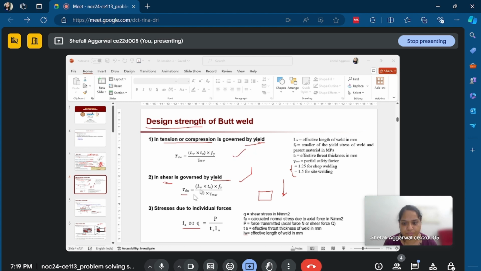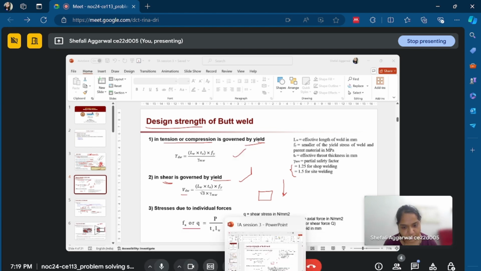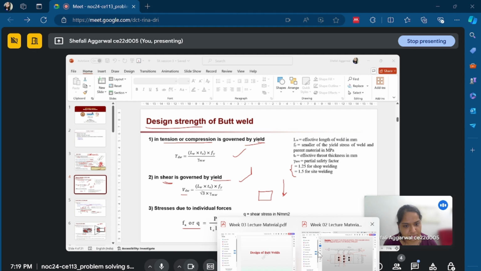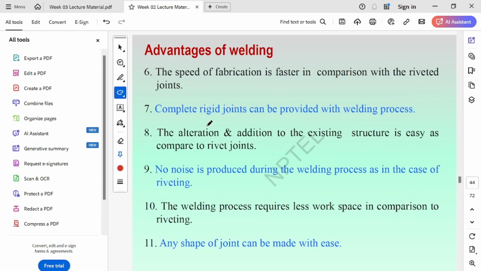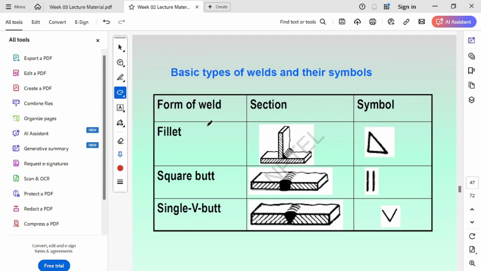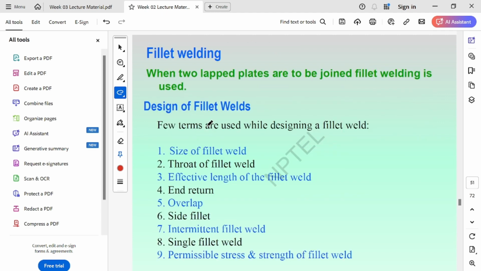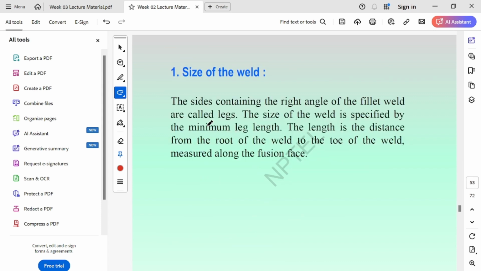Why is it different, ma'am? Why is butt weld governed by yield, where other welds are governed by ultimate? In case of fillet weld, I was thinking that butt weld is a complete disconnect between plate one and plate two, because both are even in the same plane.